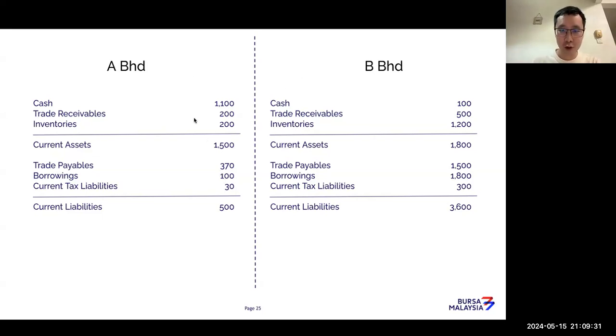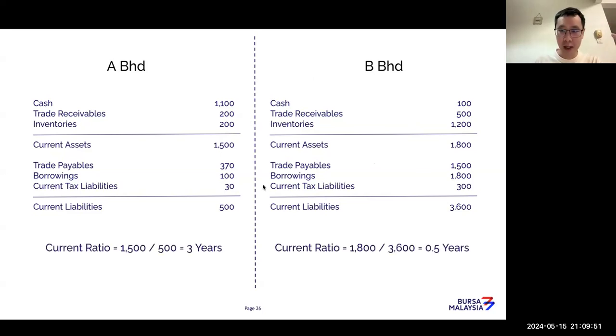Very long-winded, but the whole gist of it is the meaning of current ratio. We want to find out whether the company is financially steady enough, has enough resources to meet its short-term obligations. I guess some of you have already calculated. Current ratio for A Berhad is 3 years.